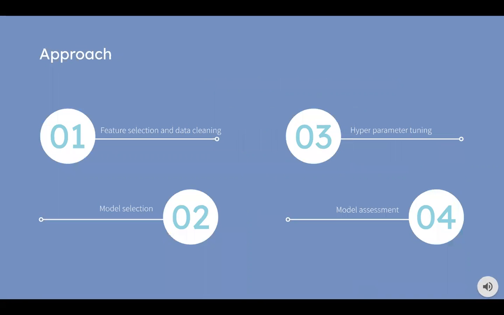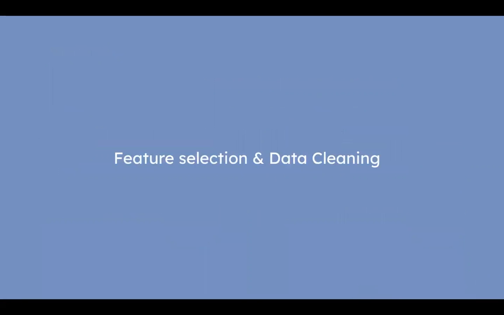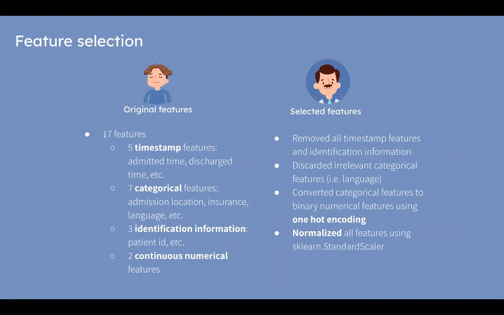In order to find the most efficient model for our prediction, we adopted 4 steps, including feature selection and data cleaning, model selection, hyperparameter tuning, and model assessment. The original dataset contained 17 features. We removed all 5 timestamp features because the dataset is anonymized for privacy purposes, and thus timestamp features are altered in a way that they may not reflect the actual correlation between features such as admitted time and the death of the patient.